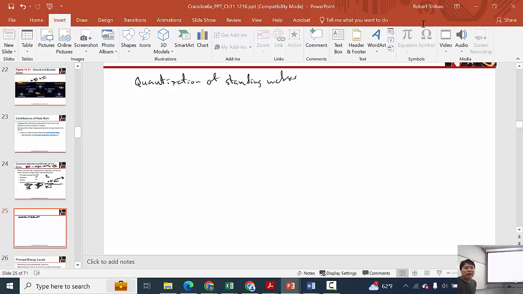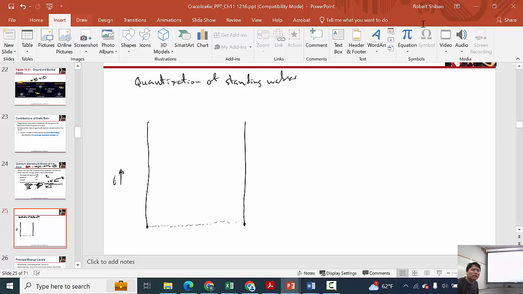When you confine a wave like this, we'll call this the energy. Think of an instrument, and you have a string here. When we pluck the string, not every sound is allowed.